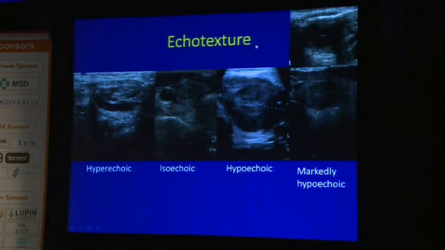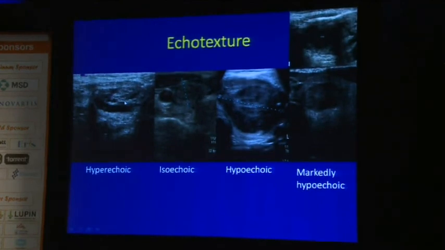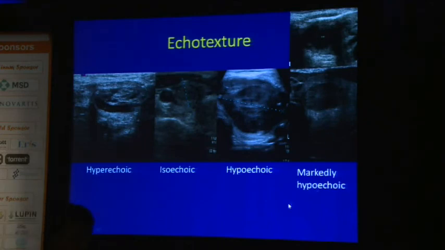The echotexture is classified as being either hyperechoic, where the echogenicity of the nodule is brighter than the surrounding thyroid gland, or isoechoic when it's equal to thyroid, hypoechoic when the echogenicity is the same as the strap muscle, and markedly hypoechoic when it's darker than the strap muscle.